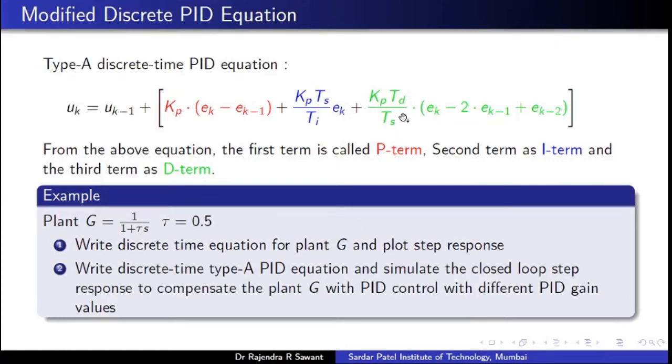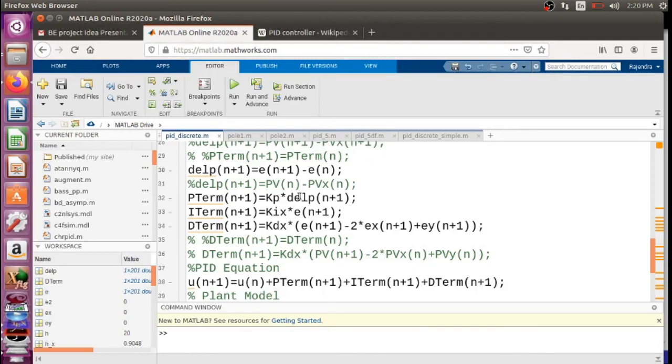This is basically a second order discrete time equation for the error. So this can be achieved here with the D term, which equals Kdx into the error in the present time step En plus 1, minus 2 into the previous time step error, plus the error in the previous to previous time step.